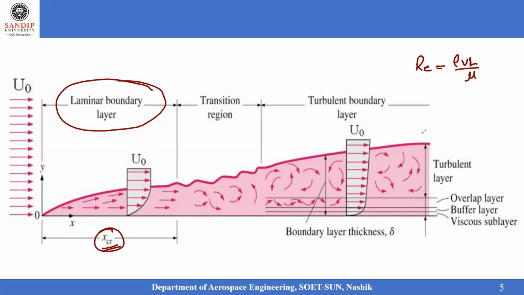From this we can predict the critical length, and based upon this critical length we can define how much region we get if we take the total length to be L.